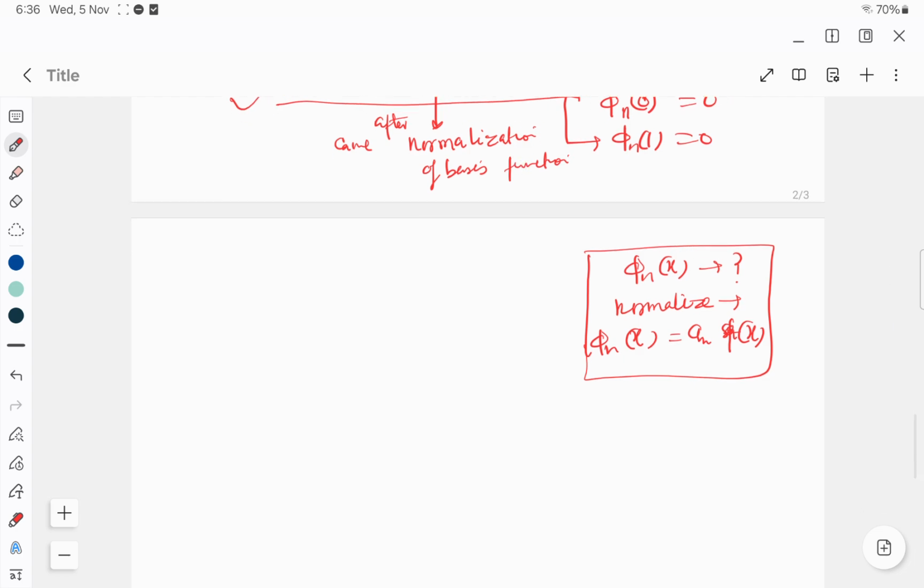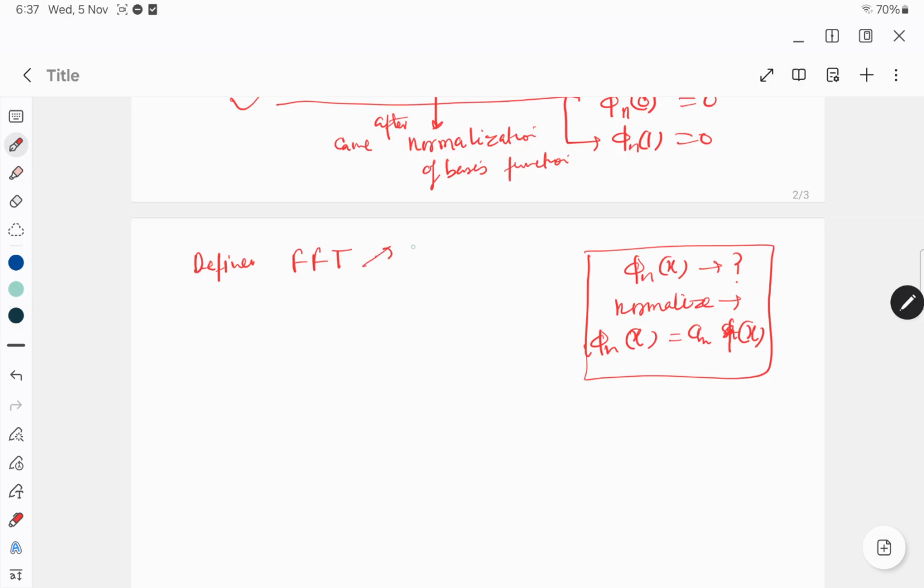Now in this problem, let us define the FFT of temperature, the FFT of a variable.